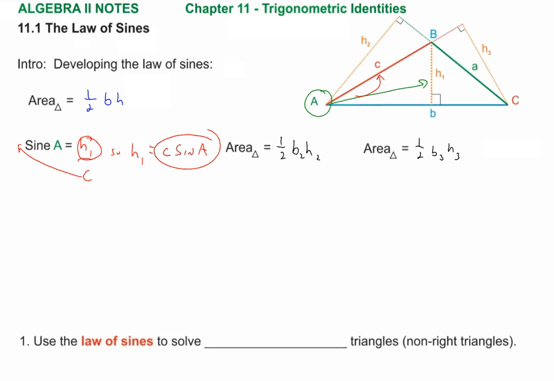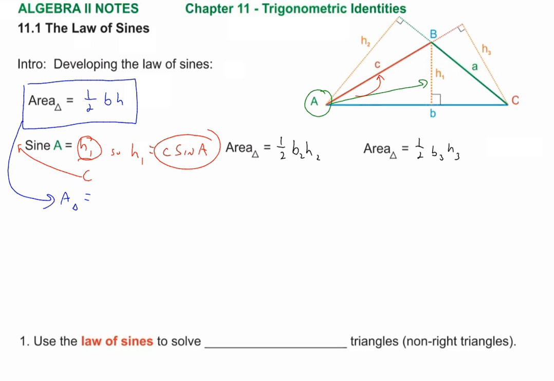Okay, so in all of this, in the first example, you've got the sine of A equals, or I'm sorry, the height equals C sine A. We can do this with all three of the triangles. So let me see if I can keep from confusing you too much. Let's take this first formula, and so we're doing the area of the triangle.